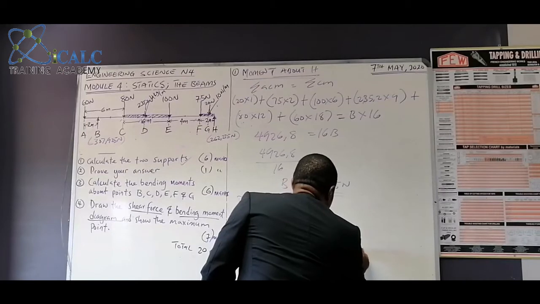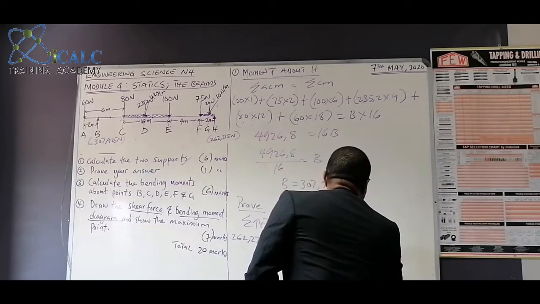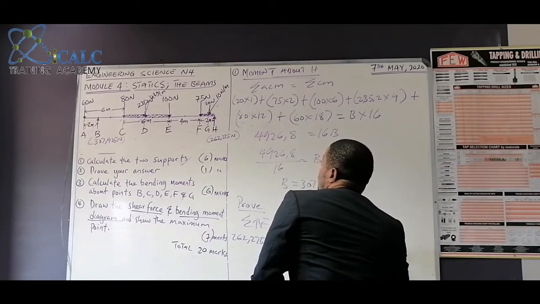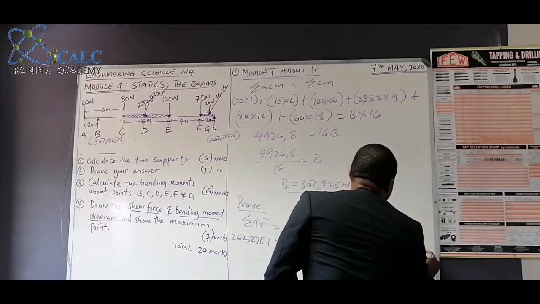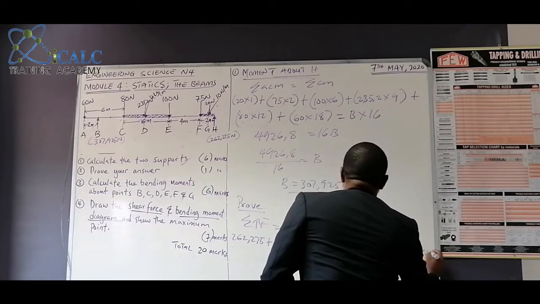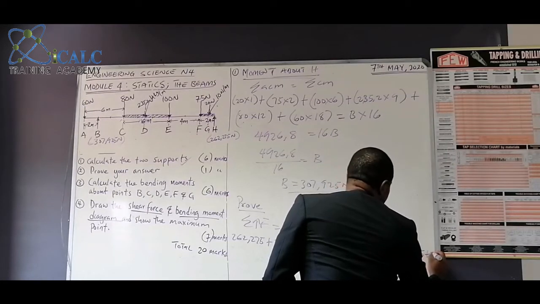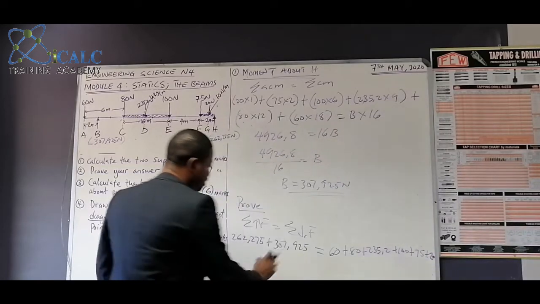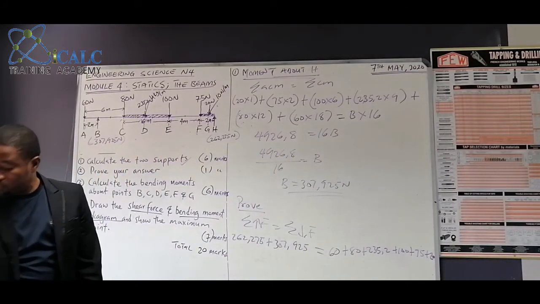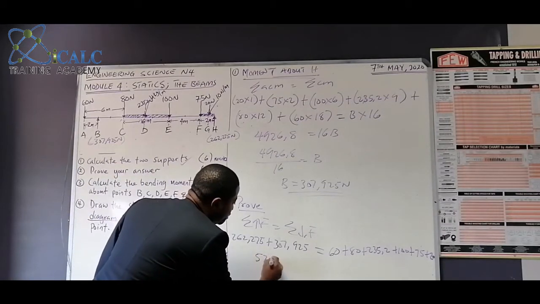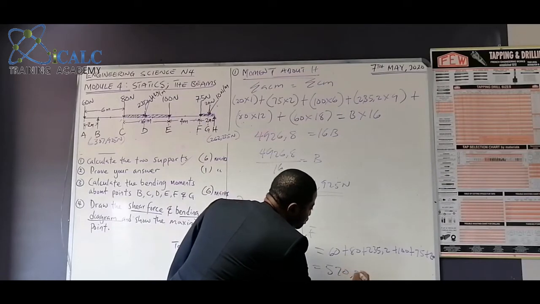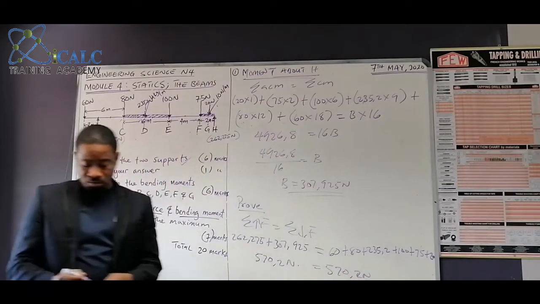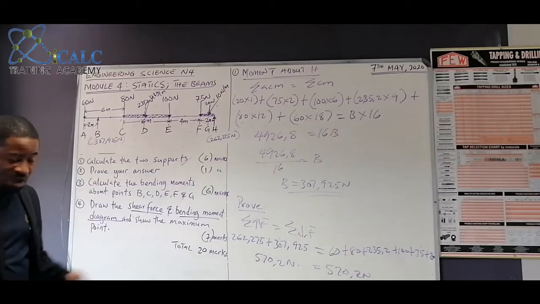We have 60 plus 80 plus 235.2 plus 100 plus 75, and of course plus 20. So if we check how much we have here, we shall have 570.2 Newton will be equals to 570.2 Newton. So that is our proof for 1 mark.